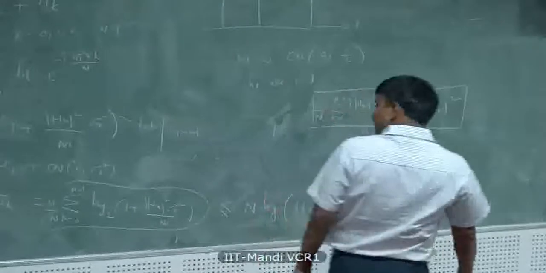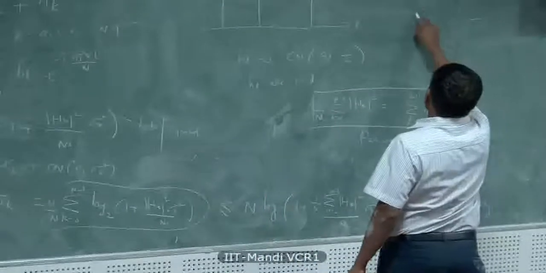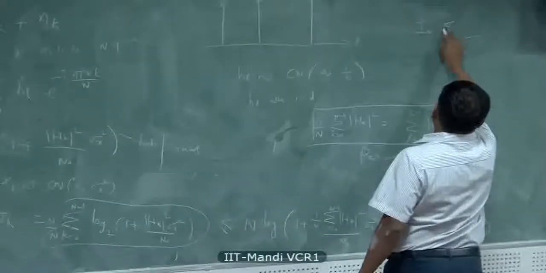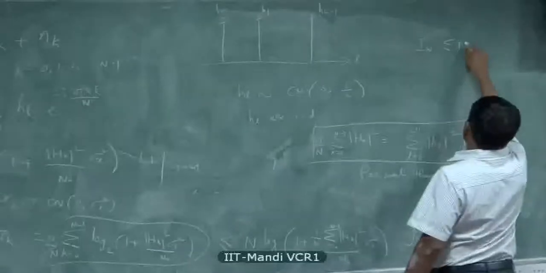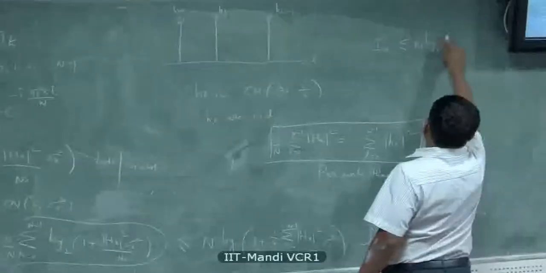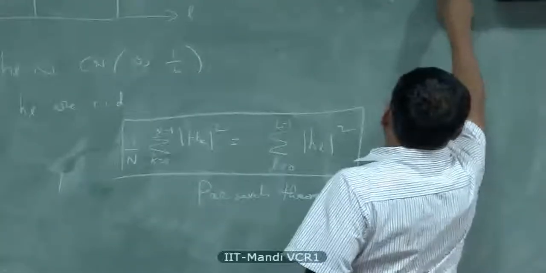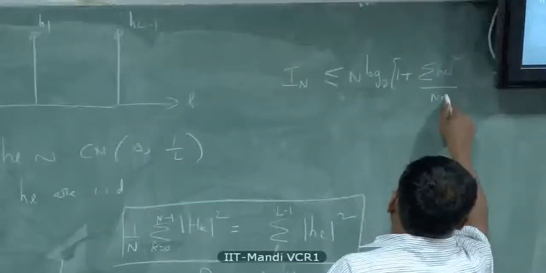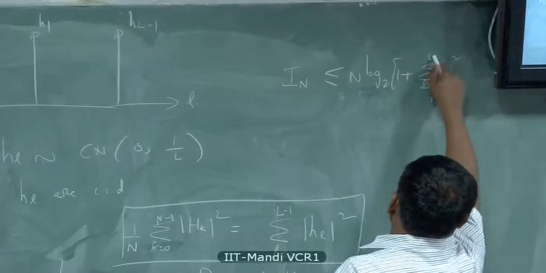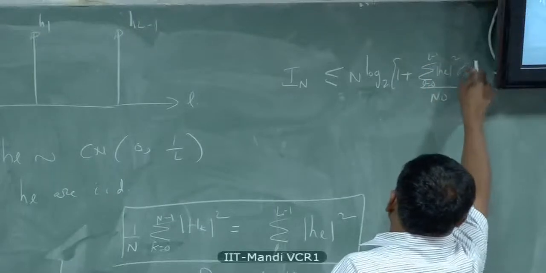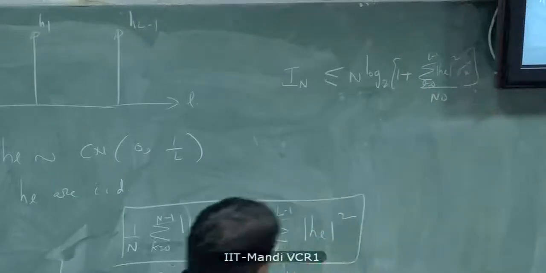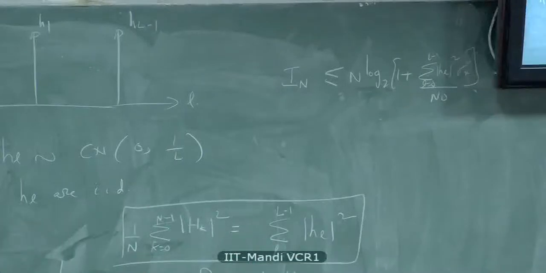Where should I write it? Okay. I_N is upper bounded by N times logarithm base 2 of 1 plus the sum of |h_l|^2. I don't know if that is visible. Hopefully it is.